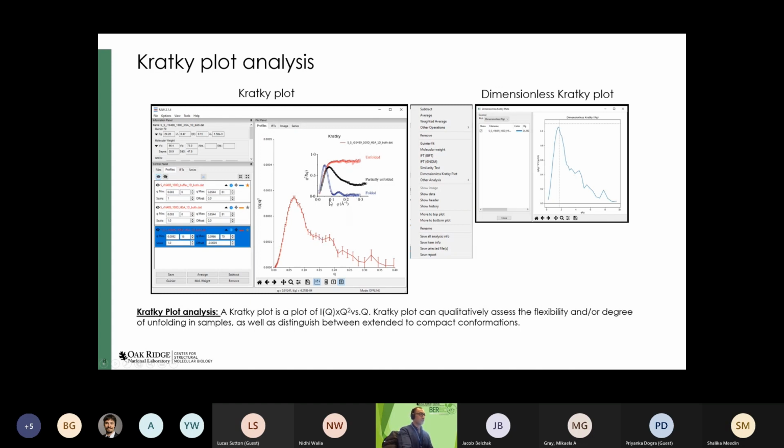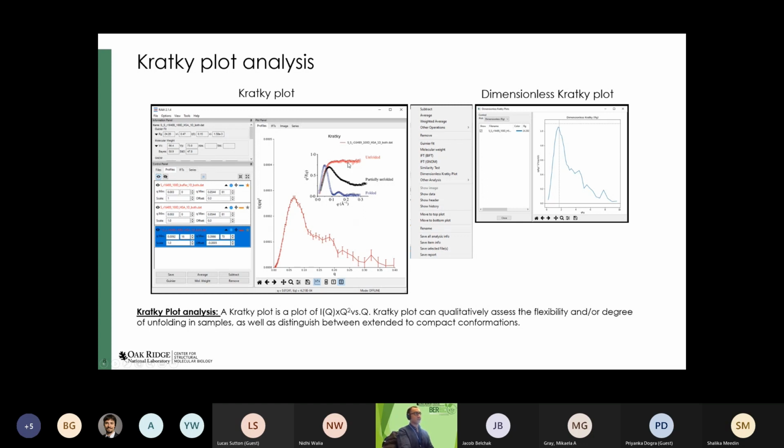If you look at the Kratky plot here in the RAW window, we know that for a folded structure you have a bell shape, and the scattering is going to go smoothly to around 0.3, 0.4. In the high Q region, it's going to go to 0.